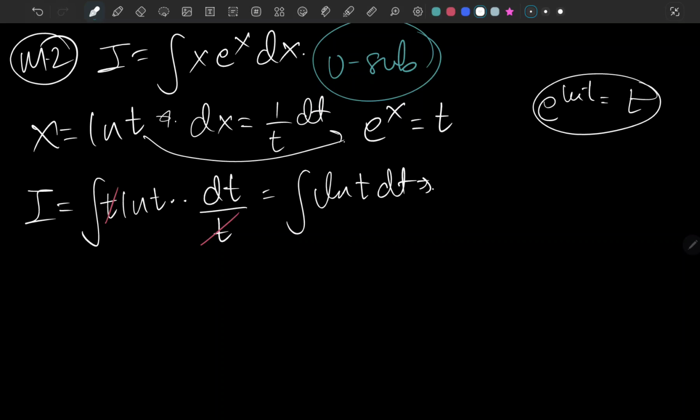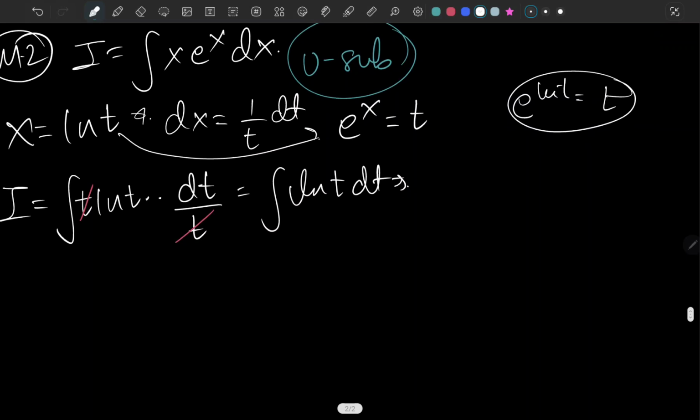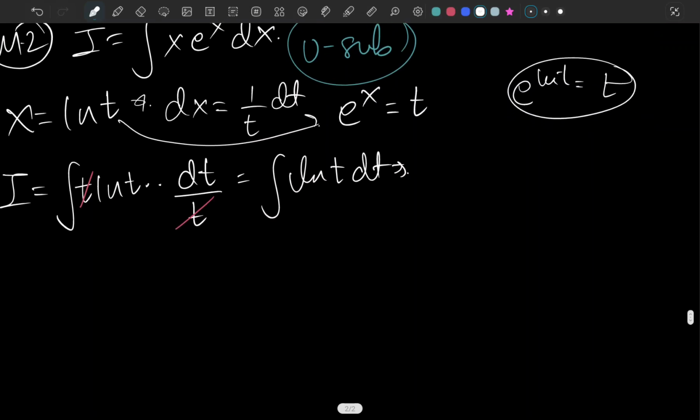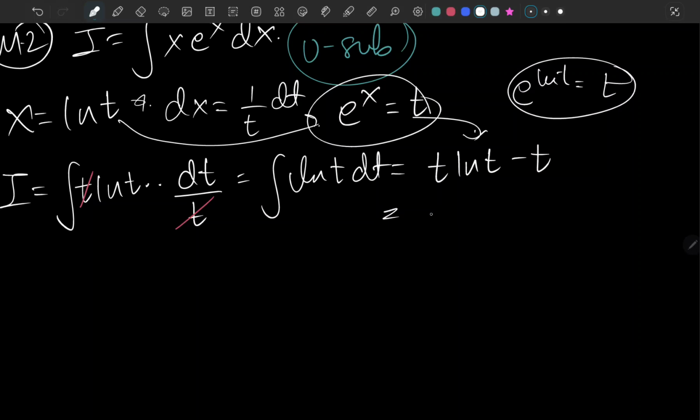And maybe you can use by parts to evaluate this integral. So that's going to be t times ln t minus t. When you plug t equals e to the x here, that gives us x times e to the x minus e to the x plus c.